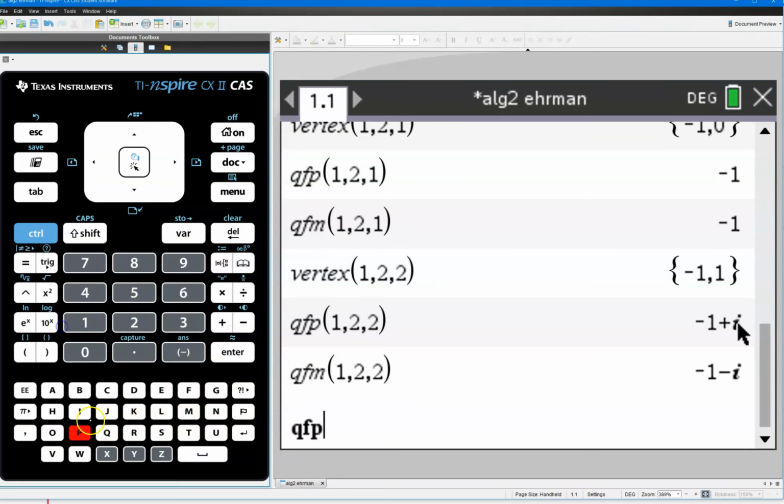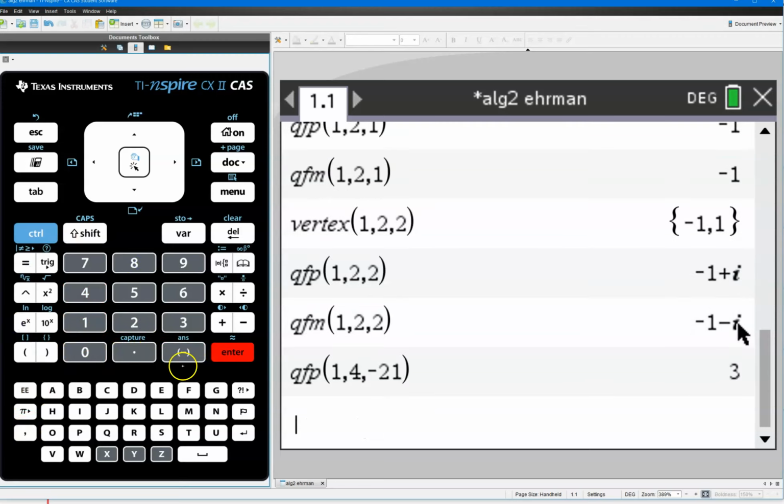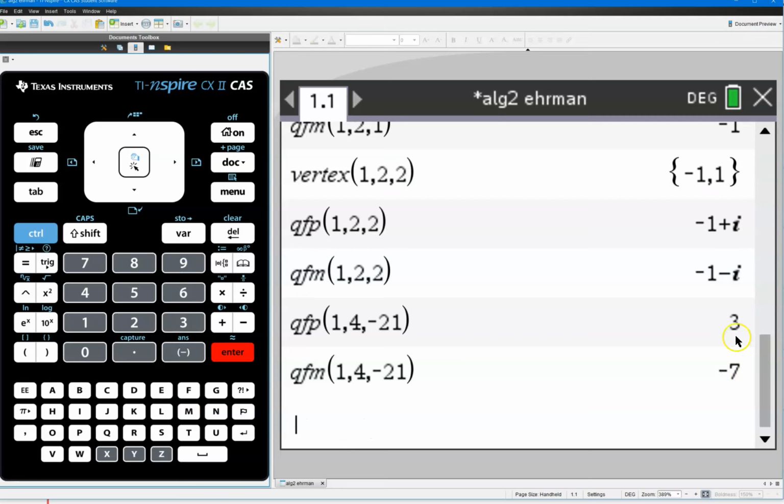So QFP evaluated at 1, 4, and -21. And QFM at 1, 4, and -21 as well. So it looks like our solutions occur at 3 and -7.